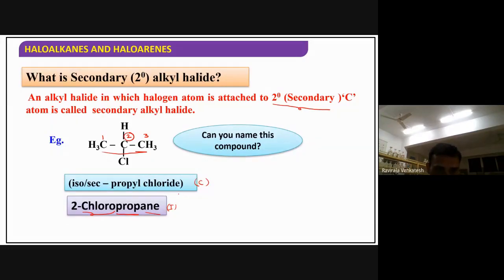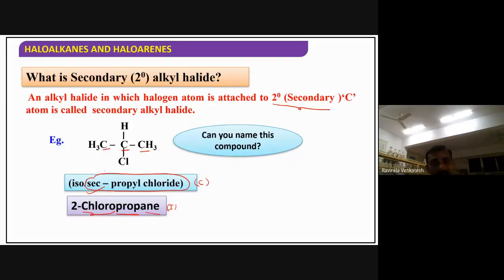Now, if you observe here, again I am writing here. Secondary and tertiary are very, very important for us. When you have to call it secondary, the halogen bonded carbon is bonded to 2 carbons.